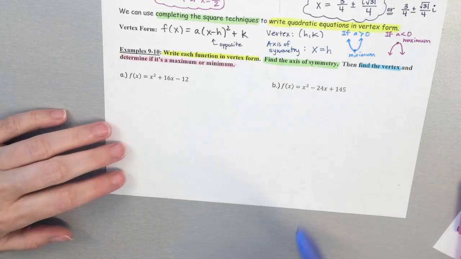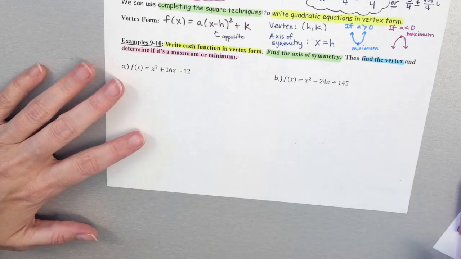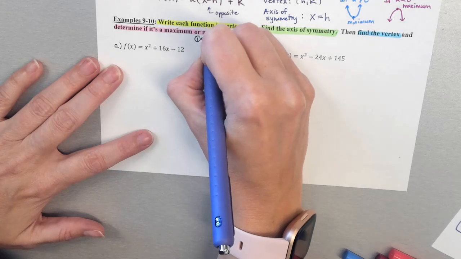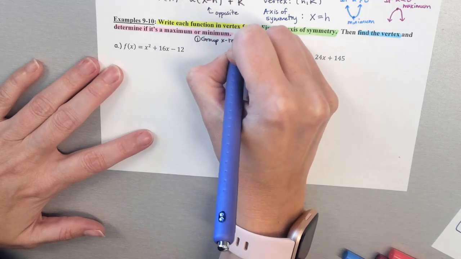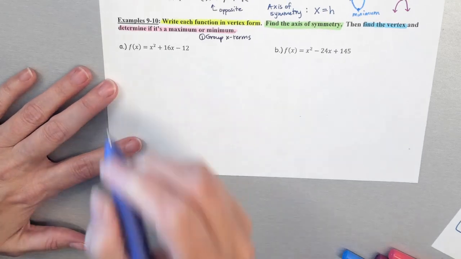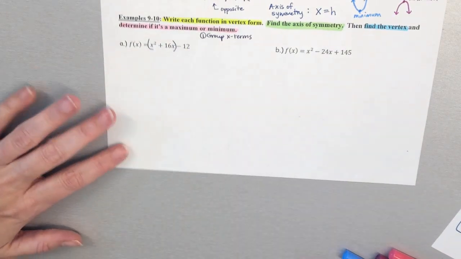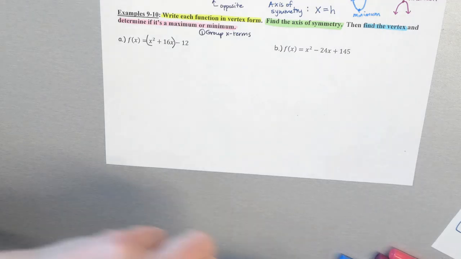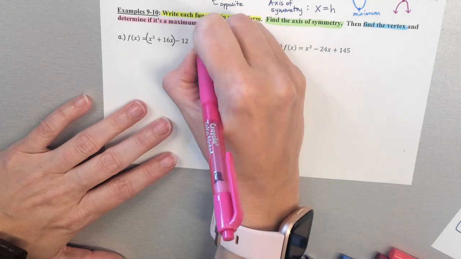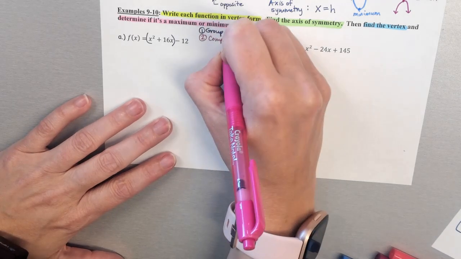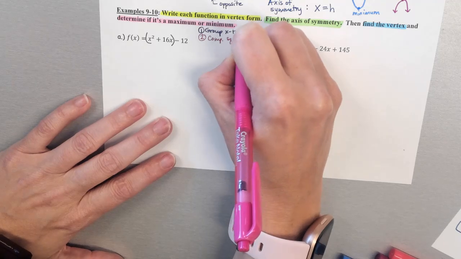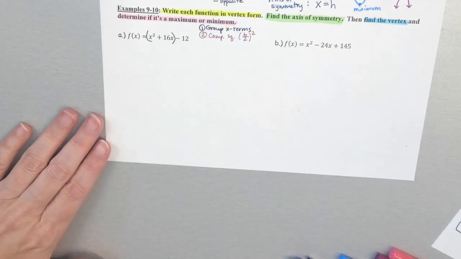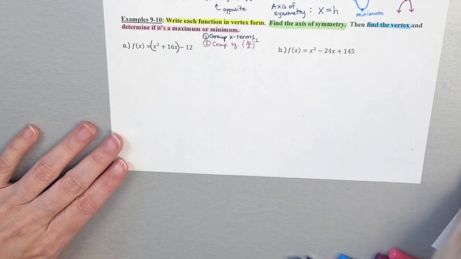So the first thing that we're going to do is group the x terms together. Okay, so we are going to group the two x terms. And then we are going to complete the square like we have been doing, but there's going to be one little difference.